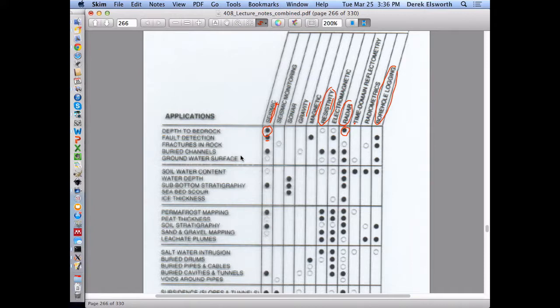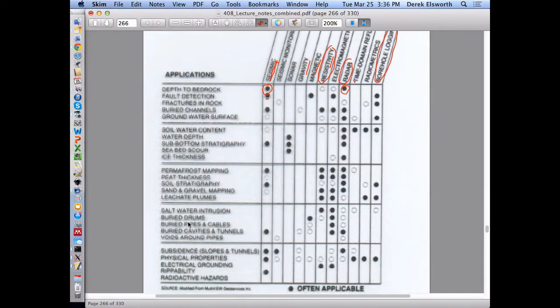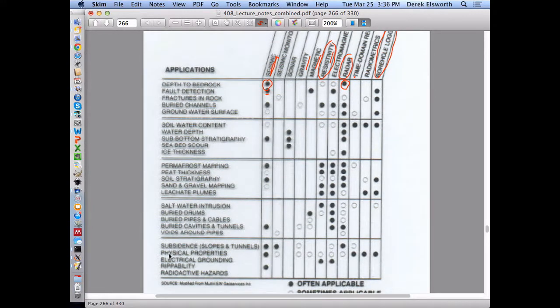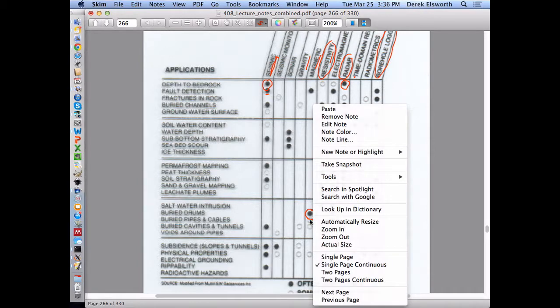Fractures, buried channels, etc. So in other words, contrast in these different materials. And so if you ever find a need to be able to use any of these, you can choose them based on their different applicability. Buried drums we talked about in terms of magnetics. Obviously you're picking up a ferric target, you should pick them up, etc.